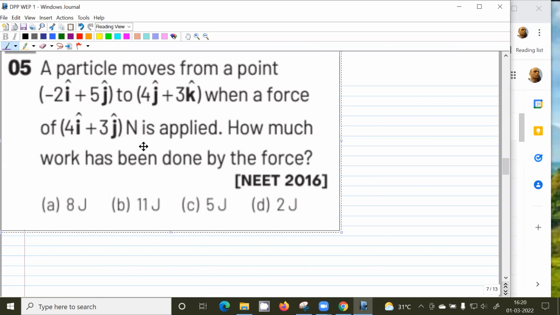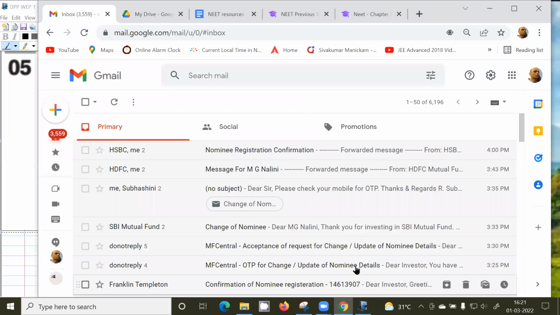Constant force, sir. Yeah. So it's just F dot ds, right? So F dot delta S. Okay. So you can find delta S, right? Yes, sir. Final position minus initial position. So what is the answer? C, sir, option.